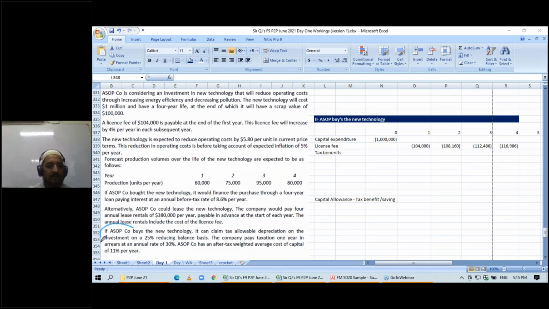The last paragraph says that if the company buys the new technology, it can claim tax allowable depreciation on the investment on a 25% reducing balance basis. So on reducing balance basis, you will get the tax benefits. Okay.